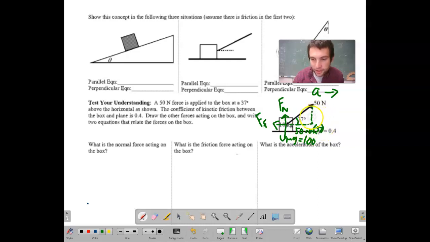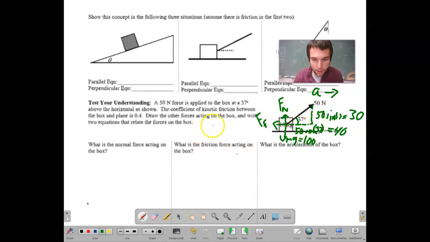And then this side will be the opposite side, so that will be 50 sine 37. 50 sine 37 is going to give us 30 newtons here. And then this one here, 40. So this component is 40, this component is 30.